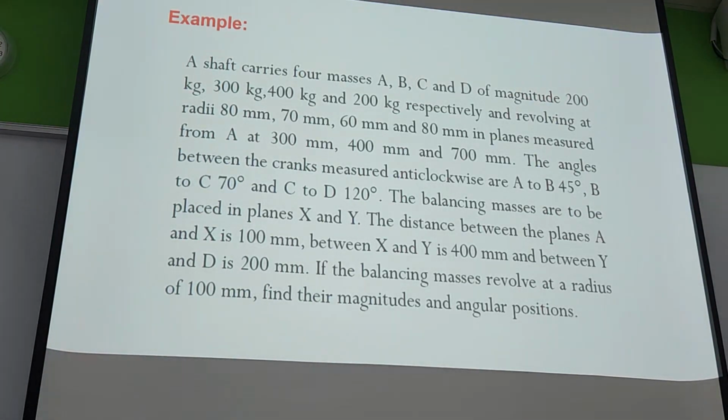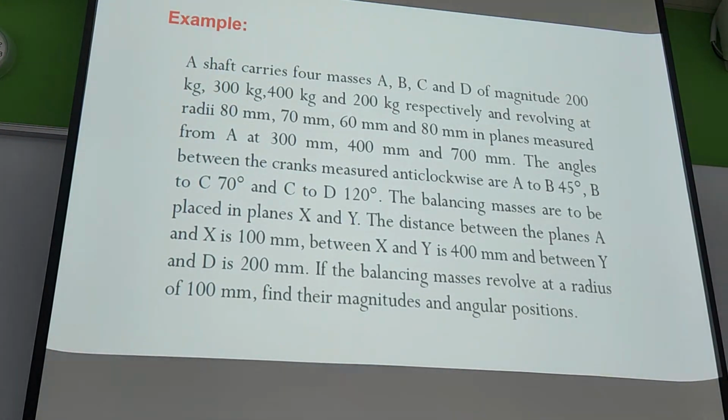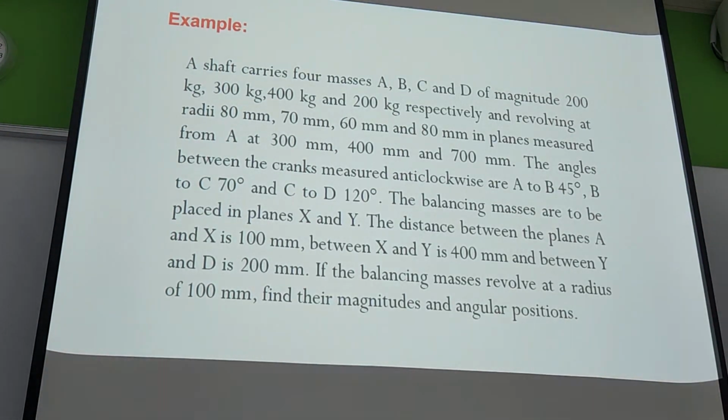Okay, in planes measured from A, so the correction plane is A, so the horizontal distance measured from A. So L1 is 300 mm, L2 is 400 mm, L3 is 700 mm. So the angles are given. So this is theta 1, theta 2, theta 3.